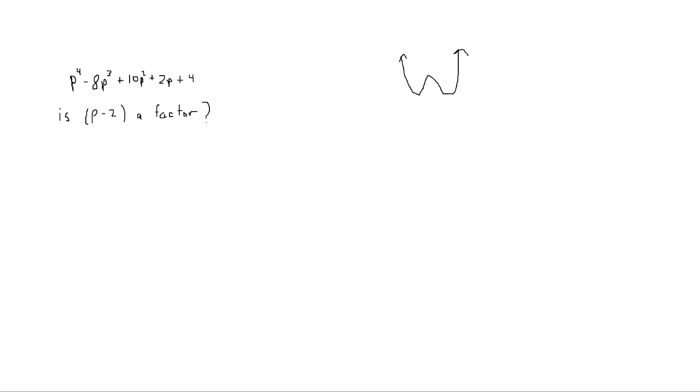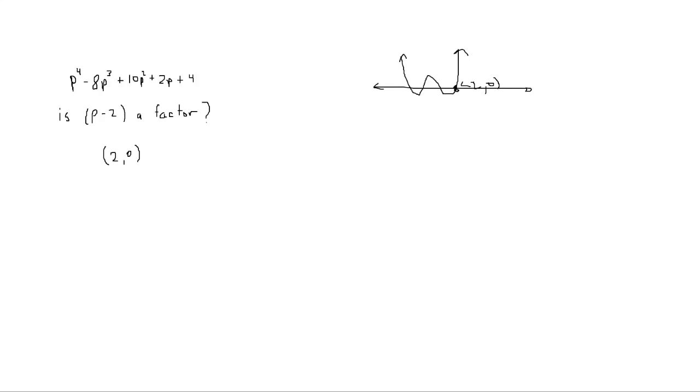Well, p minus 2 is a factor if 2 comma 0 is on the graph, right? Because if 2 comma 0 happens to be on the graph somewhere, let's say maybe here, if 2 comma 0 is on the graph, then we know that x minus 2 has to be a factor.